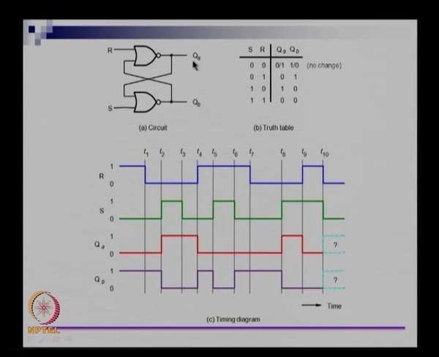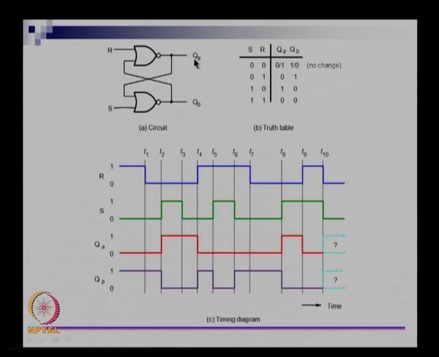Let us assume that. If QA is 0, then S being 0 will take QA or S, which is 0, complement of that QB will become 1, and because R is 0, you have 1 or 0, that is a 1, and the complement of that will go to 0. So QA will remain at 0 and QB will remain at 1.